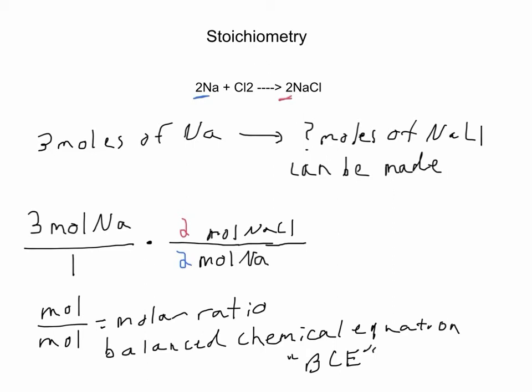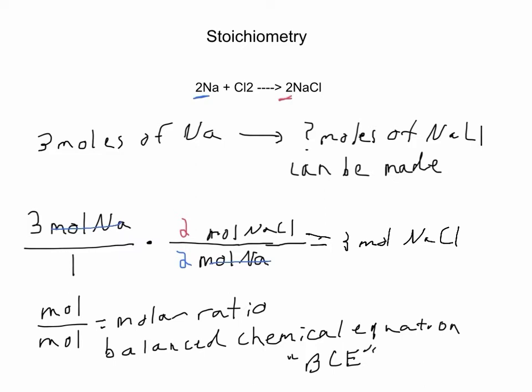In this case, they happen to be the same. So we check our units, moles sodium cancel, we do out our math, and we end up with 3 moles of sodium chloride.